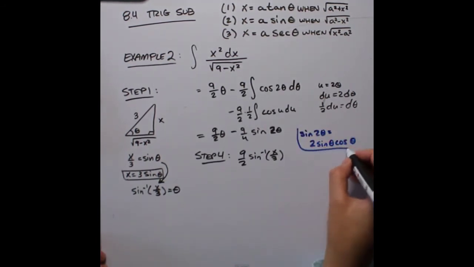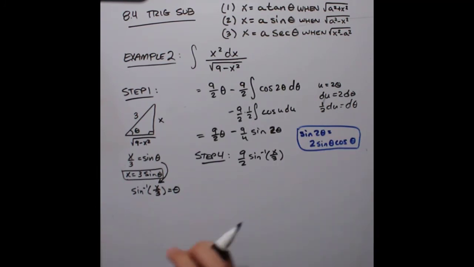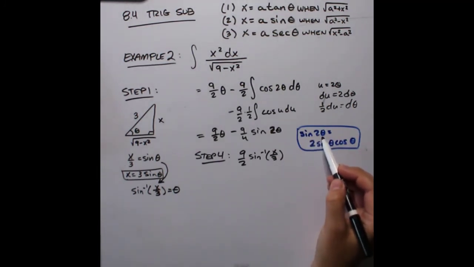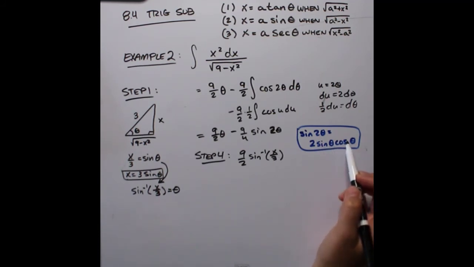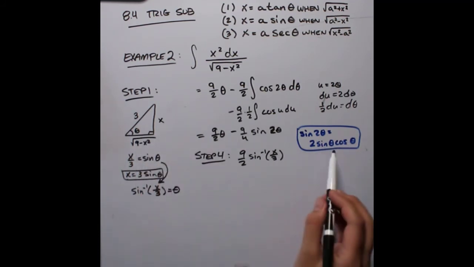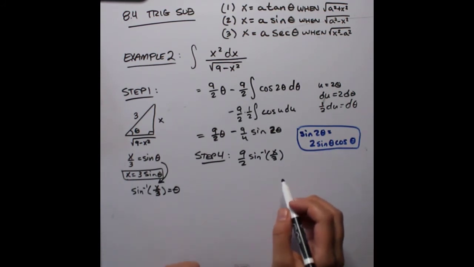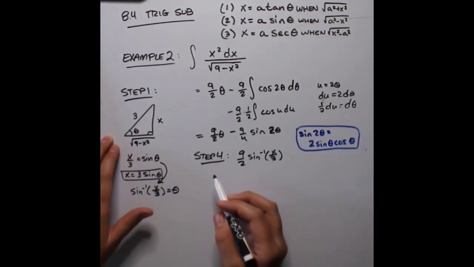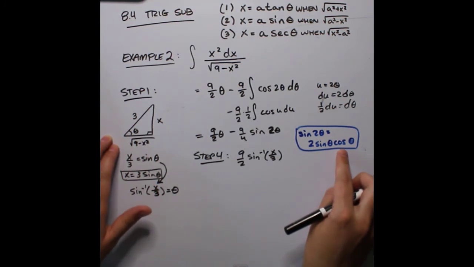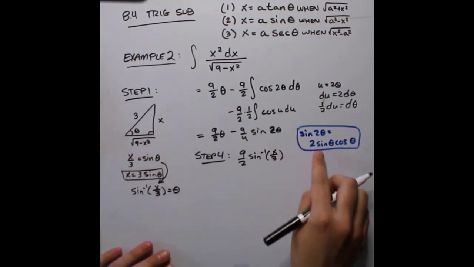This is a good choice because it allows us to rewrite a trig function of twice our angle in terms of trig functions of just our regular angle, because we have a triangle we can refer to with the regular angle theta. So back over here on the side, I'm just going to identify what sine and cosine of theta are so I can plug them into this formula.